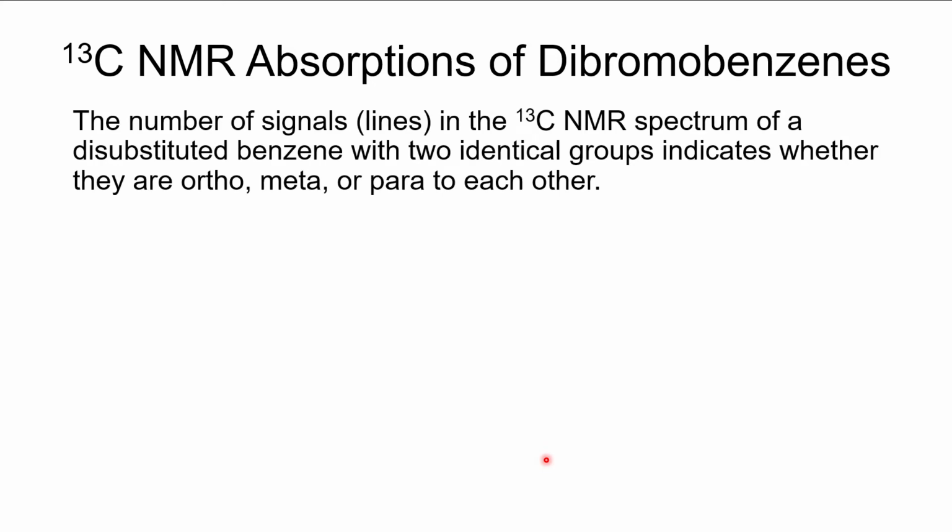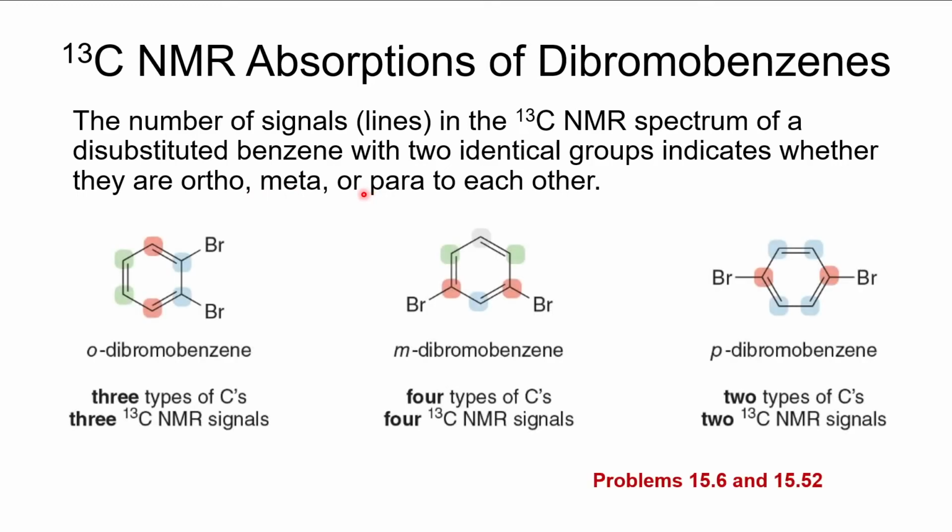So the number of lines, remember they show up essentially as singlets, as lines in the carbon NMR spectrum. It all depends on whether it's ortho, meta, or para. So if you've got the ortho-dibromobenzene, there are three different types of carbons. So the two carbons that have the bromine are identical. These two carbons that are adjacent are also identical. And these two carbons are identical.